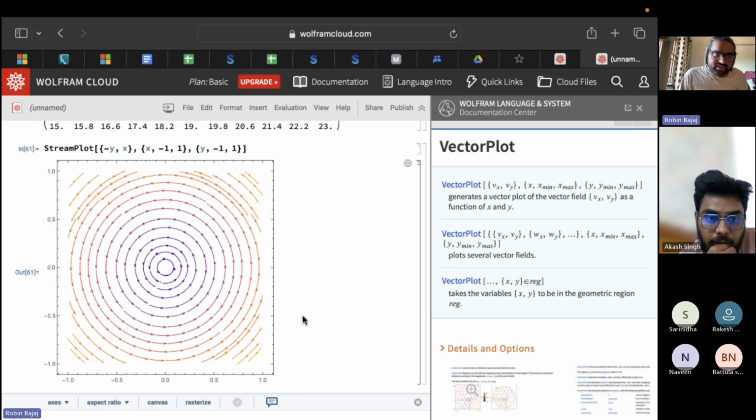So it basically gives you the direction. It's not the magnitude, because all the vectors, if you see, are the same. So the stream plot gives you the direction only.